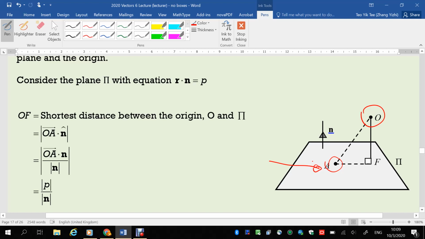And again, if I were to activate my projection formula, it will be OA dot n hat. To simplify, you actually get this simplistic equation, which is r dot n, the equation of the plane. All you need to do is to divide the p value by the magnitude of the normal vector.